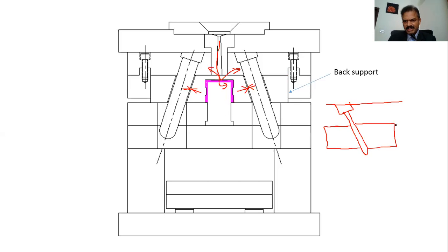Now we said we need a back support. So we have provided a back support here. Now just picturize, there is a clearance here probably for the finger. This is the main reason why we are providing a back support.